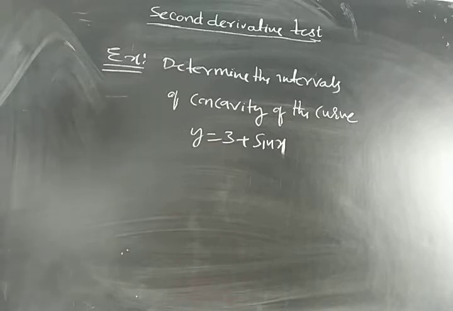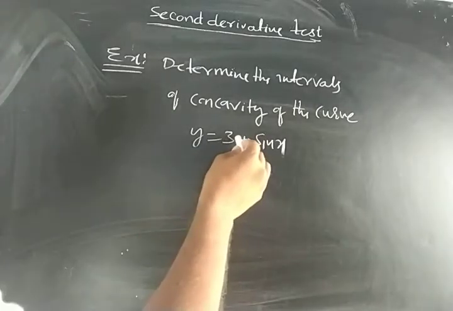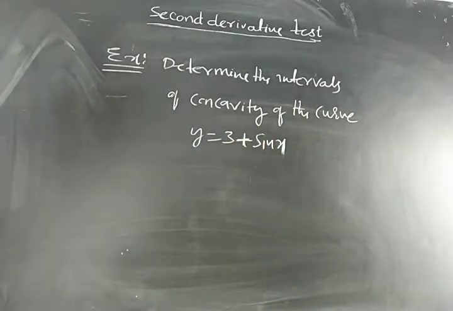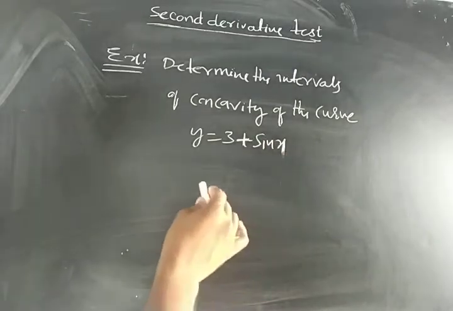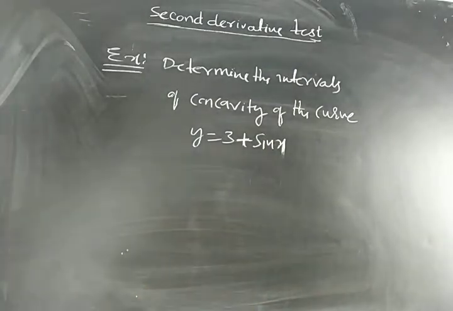The given function is a periodic function with period 2 pi, and hence there will be stationary points and points of inflection in each period interval. So see here, 3 plus sin x is a periodic function. What is the period of sin x? Sin x period is 2 pi.